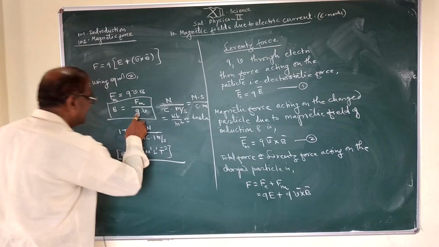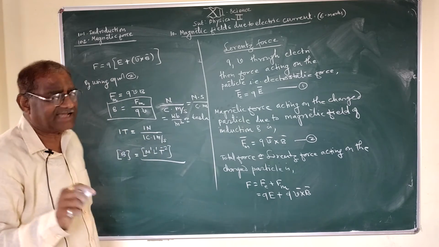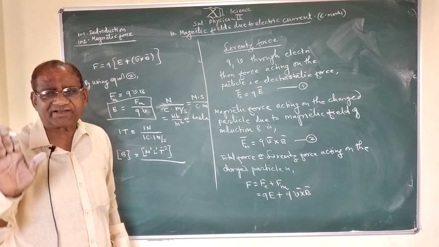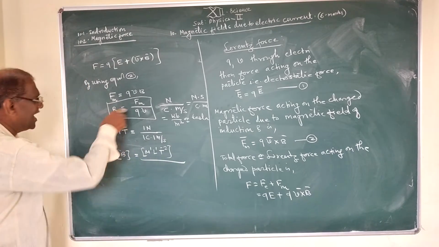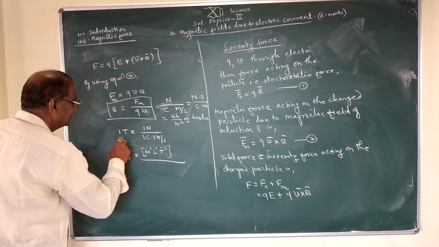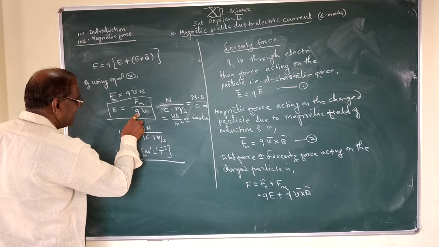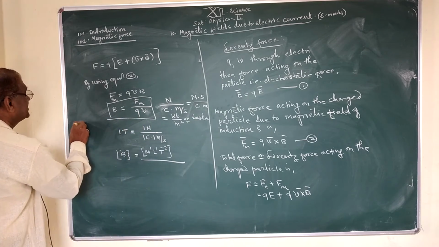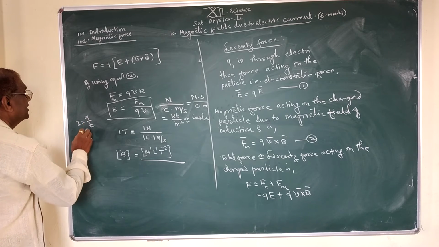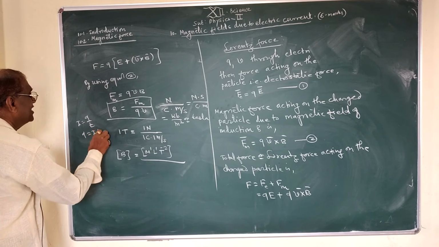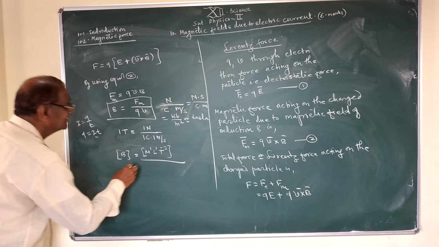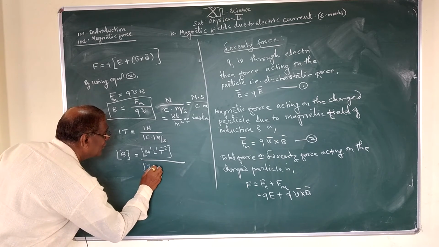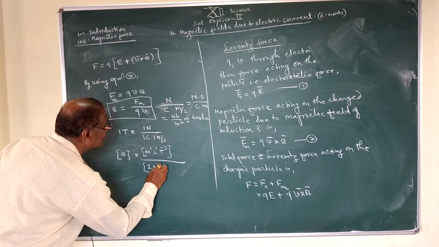Charge is not a fundamental quantity, but current is the fundamental quantity. So in place of charge we can write I into T, because I is equal to Q upon T. Therefore, Q is equal to I into T.